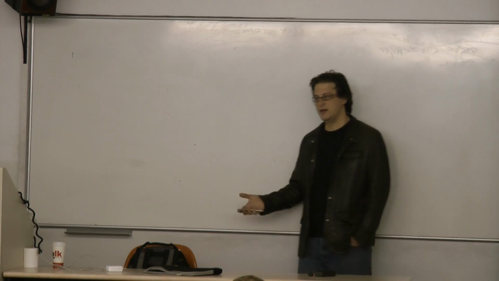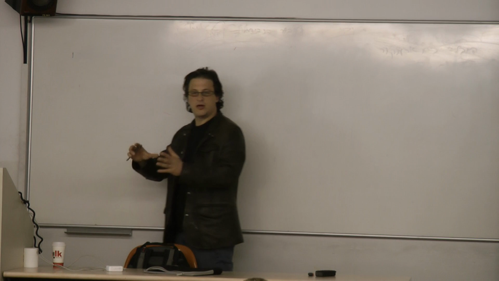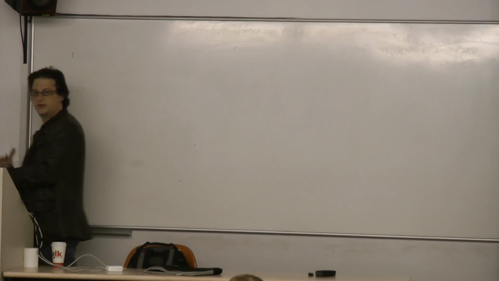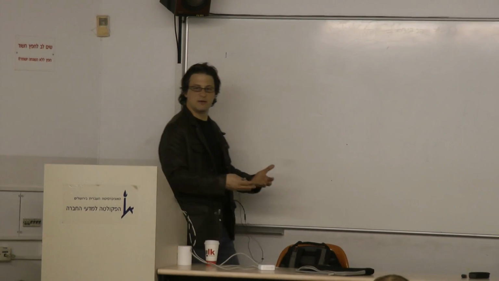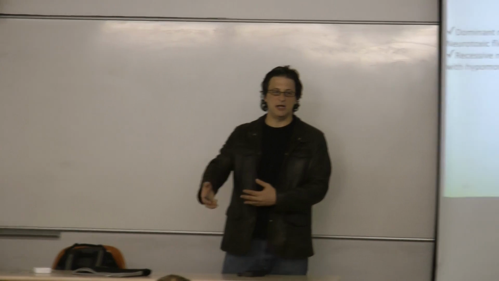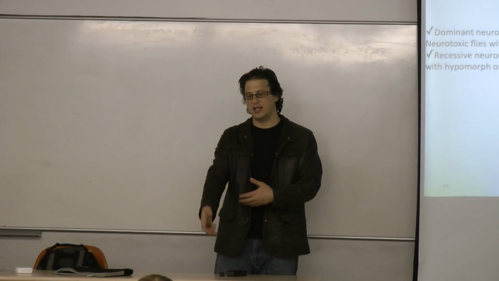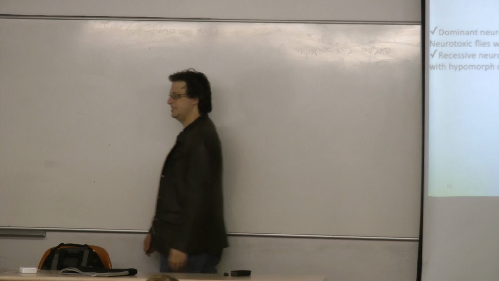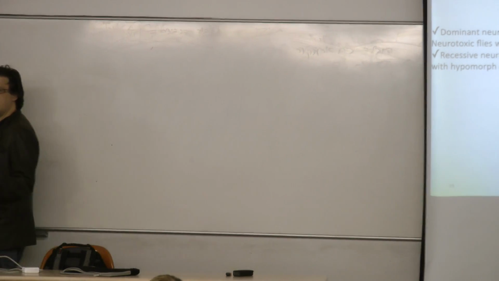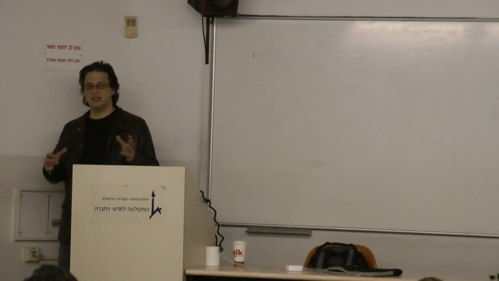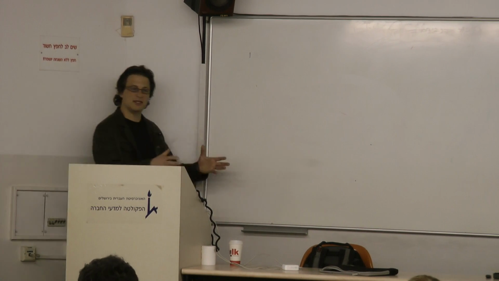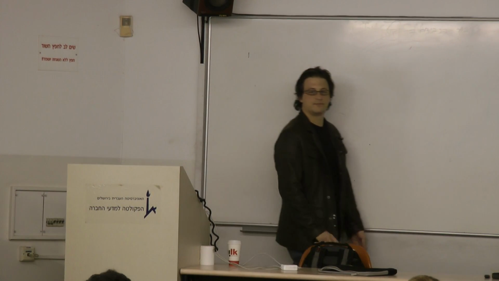If you have a mutation that gives you a dominant effect even if you have a wild-type background, it's like in a person: if you have one allele which is bad and one allele which is good, you're going to get a disease. It's a dominant disease. In this case, what you do in the fly is just express this protein of the disease in a wild-type background.